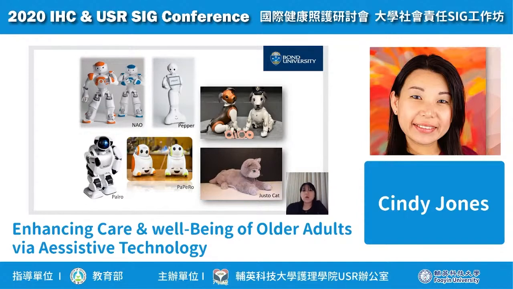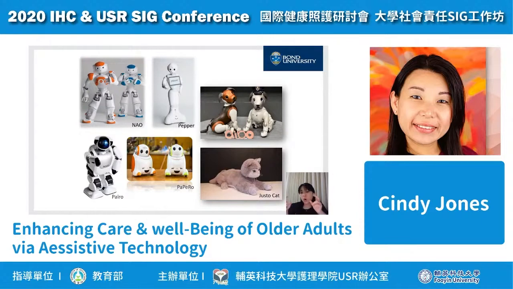Now, the next one I'd like to talk to you about is JustoCat. JustoCat is a therapy cat. I've actually had one that I've interacted with. I'm not a big fan of JustoCat. As you can see, it looks more like a plush toy rather than a real cat.